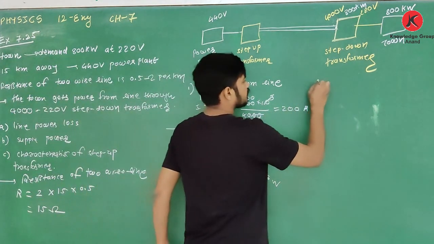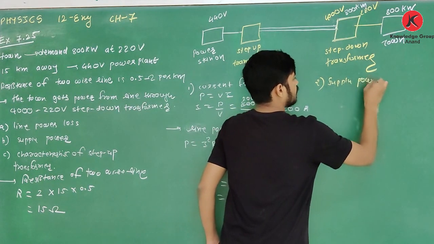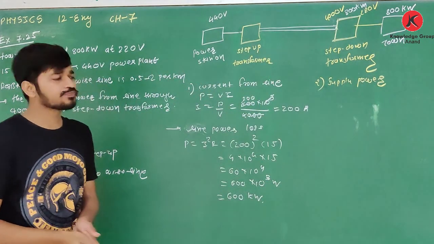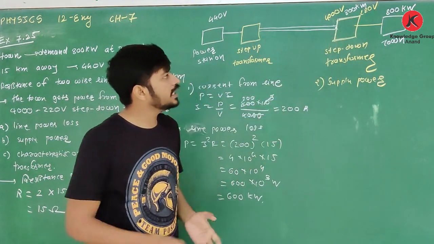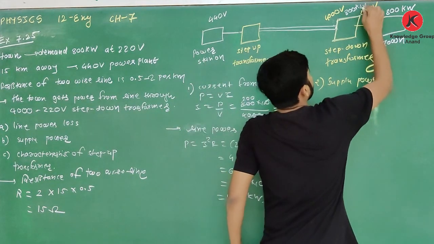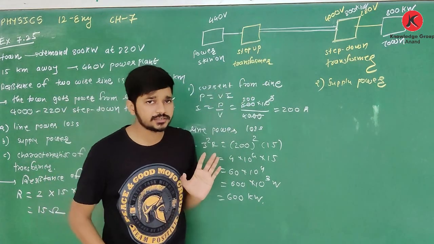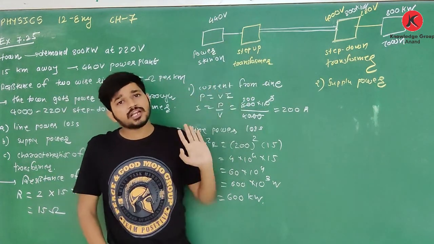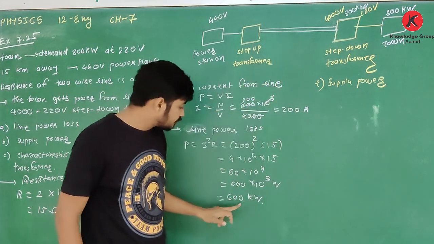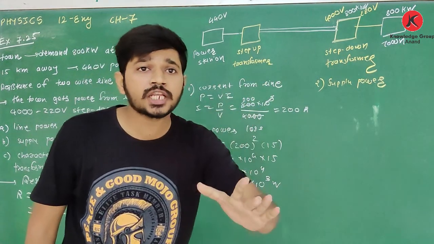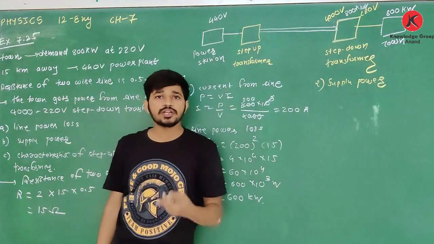Next question is the supply power. How to find the supply power? It is easy. What is the demand actually? It is 800 kilowatt. If the demand is 800 and I supply electrical power of 800, then in this two wire line 600 kilowatt is wasted, so here it will be only 200 kilowatt.